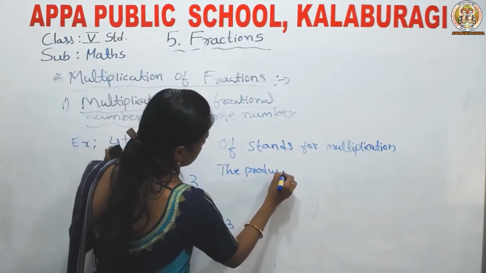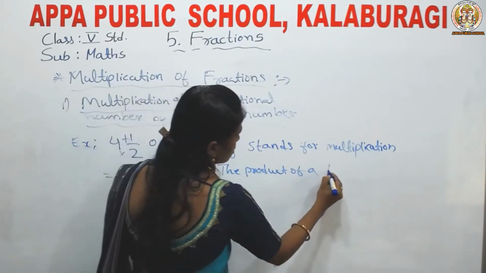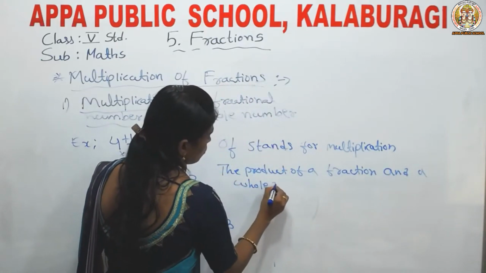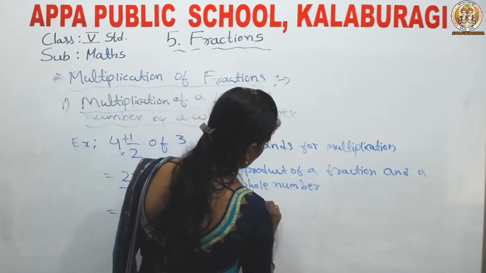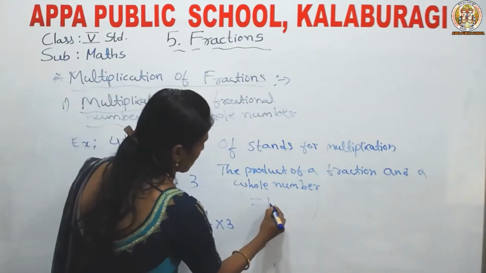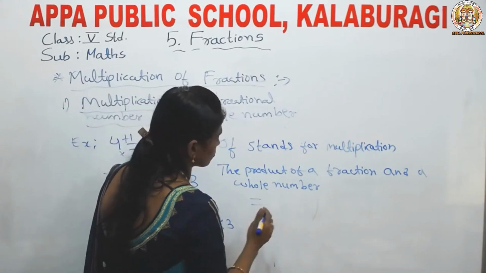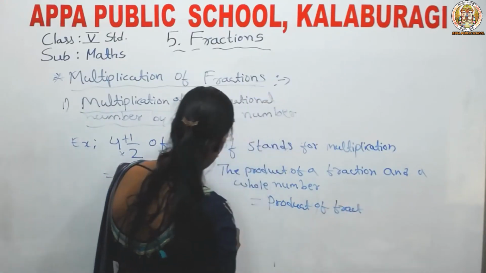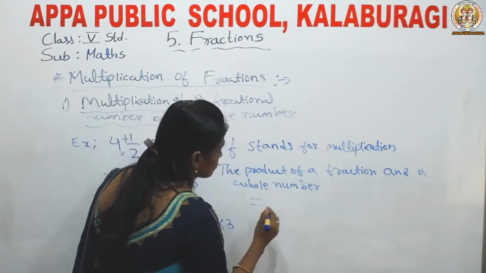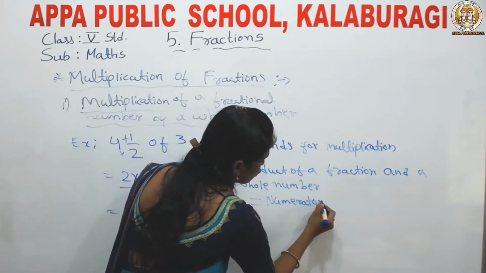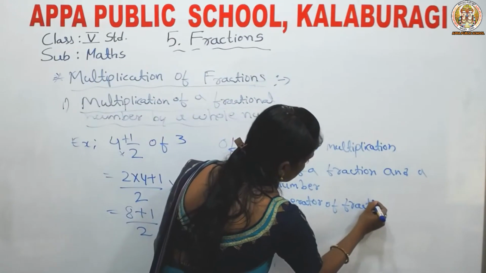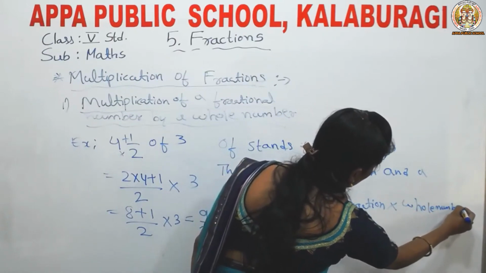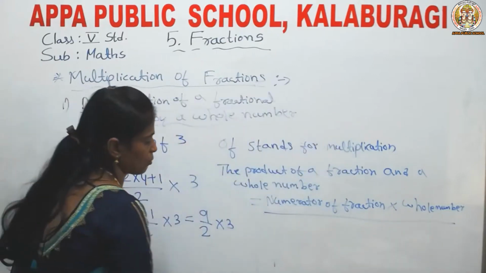The product of a fraction and a whole number is equal to the numerator of the fraction into the whole number, divided by the denominator of the fraction.